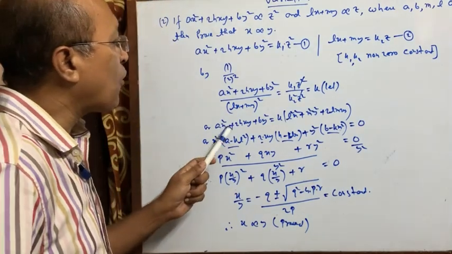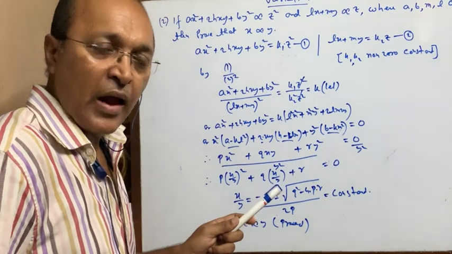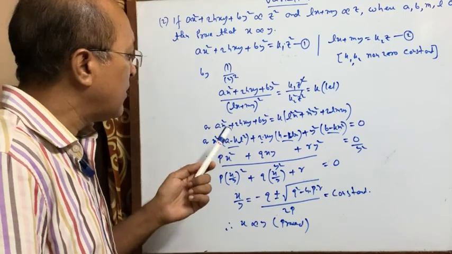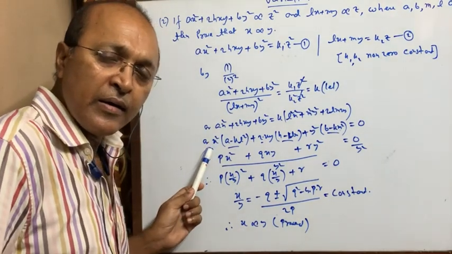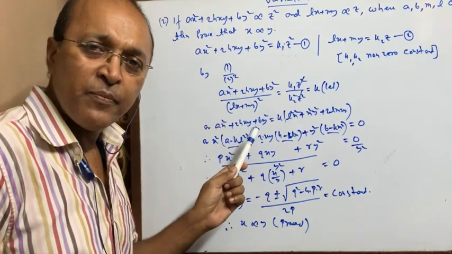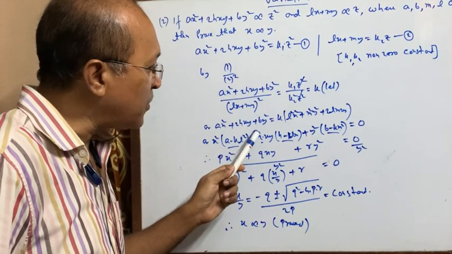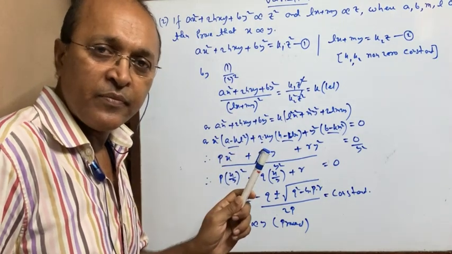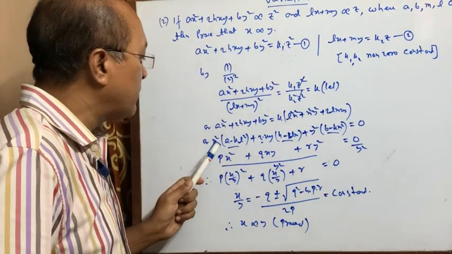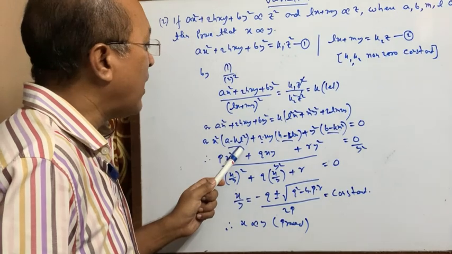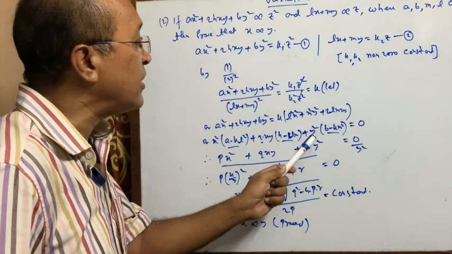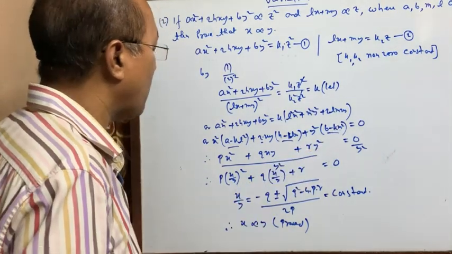Now, after cross multiplication and taking all the terms at left, here taking x square common, you can do one thing, my dear students. You can do all these particular calculations elaborately. Okay. Now here, after taking x square common, we got a minus kl square, and then by taking 2xy common, we got h minus klm, and by taking y square common, b minus km square, that is equal to 0.